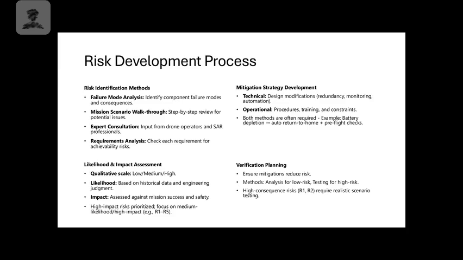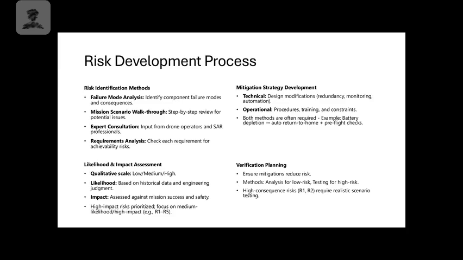Next, we did a likelihood and impact assessment for each risk using a qualitative low, medium, high scale. We relied on data where we had it and on engineering judgment where we didn't. Then we designed mitigation strategies, always trying to pair technical solutions with operational procedures.